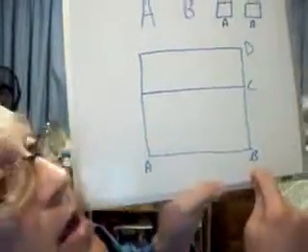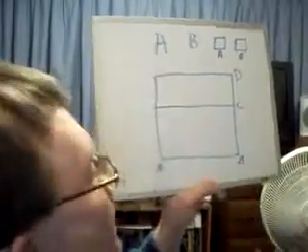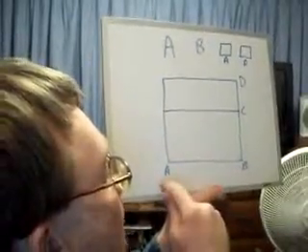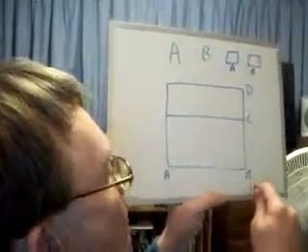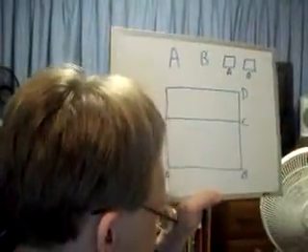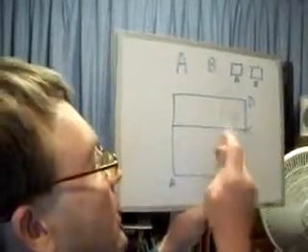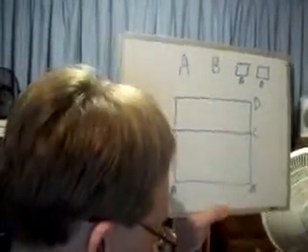So line AB is rational, so is this. And they are commensurable in length. That means there's some number that will measure the length of AB and the length of BC. I say that AC, the rectangle AC, is rational.